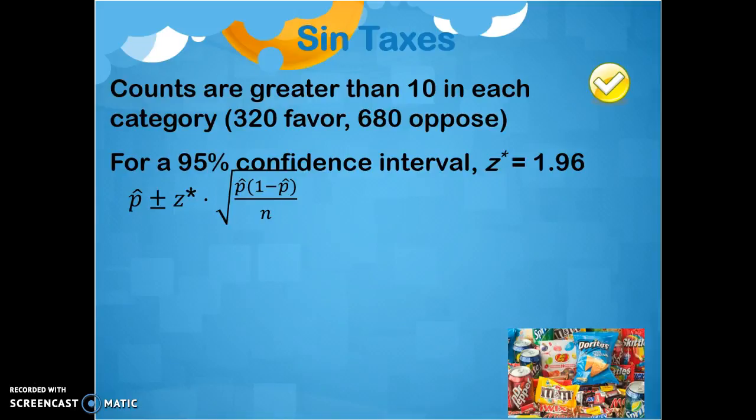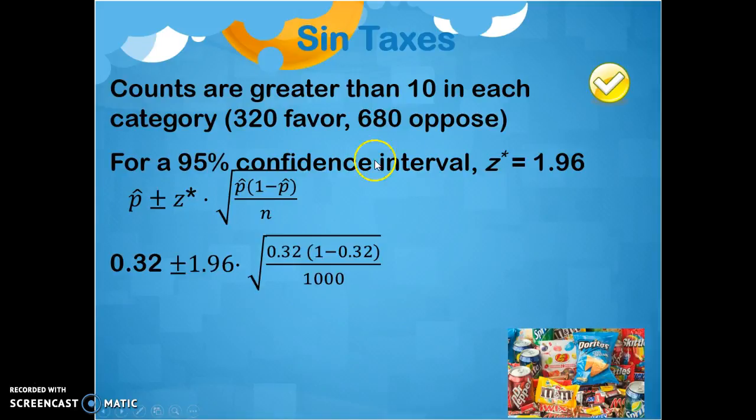The formula is this monstrosity given here. The sample proportion is 320 out of 1,000, so 0.32. The 1.96 is the multiplier we use to obtain 95% confidence and obtain the proper width on a normal distribution.